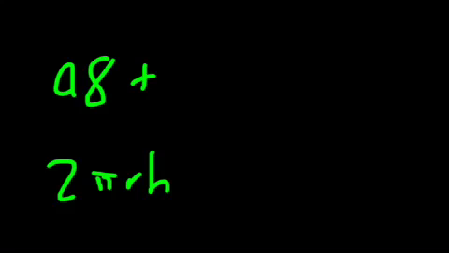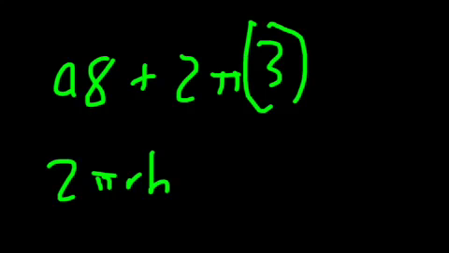Surface area of the cylinder is 2 pi rh. So we can put in 2 pi, and then r is 3, and height is 8.